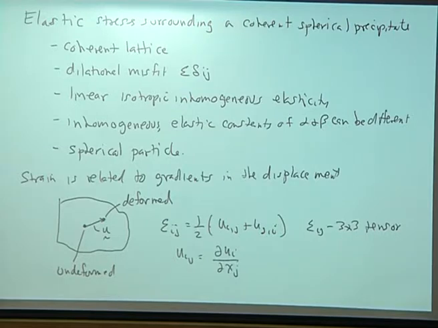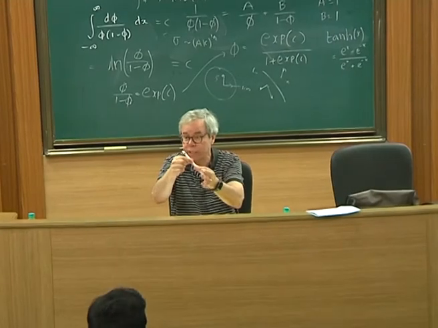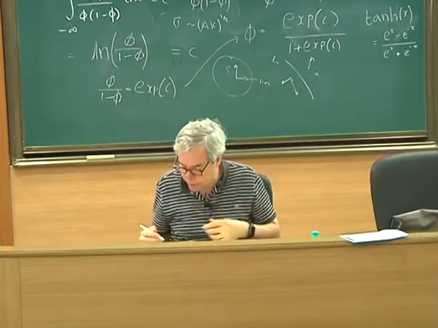The reason why the strain is related to gradients in the displacement is that you can take an object and displace it uniformly, just move it from one place to another, and that doesn't generate any strain. What you need is to displace one region a little bit more than another to generate a displacement gradient, and that's what generates the strain.